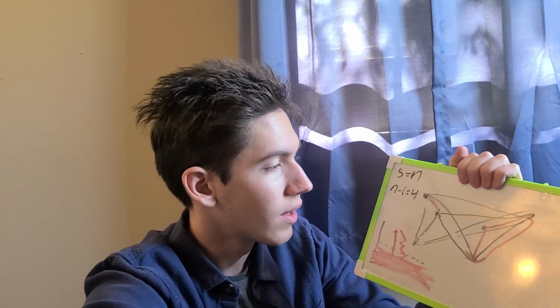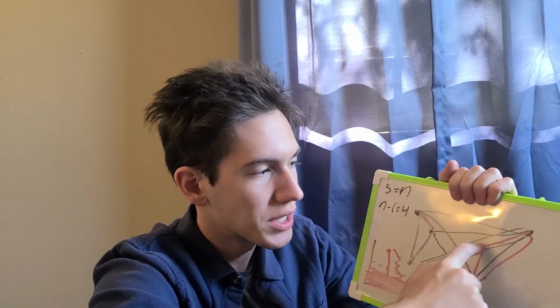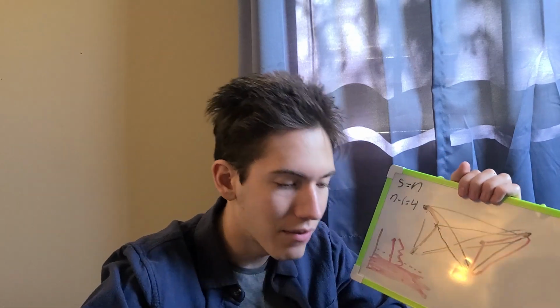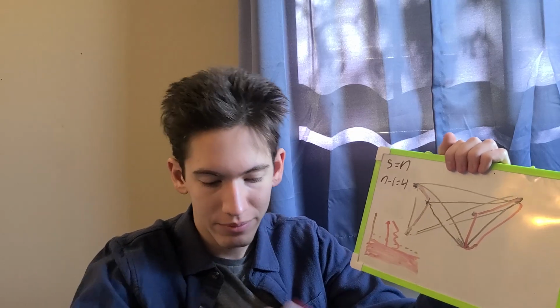But again, we know that these are all of the shortest possible edges in this graph, and every city has been visited. So even though it's not a valid route, we have a minimum. We have a lower bound where we know our solution can never be smaller than that.